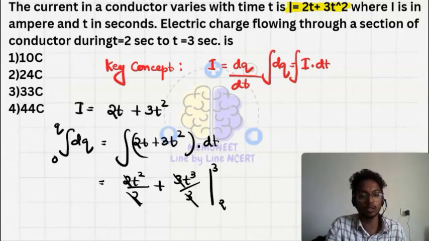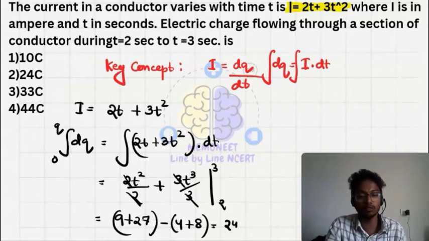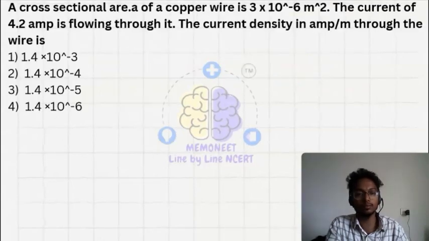So we write 3 square, that is 9, plus 3 cube, that is 27, minus 2 square, that is 4, plus 2 cube, that is 8. 9 plus 27 is 36, and this is 12. 36 minus 12 is 24. So 24 coulomb is the answer for this question, that is option 2.